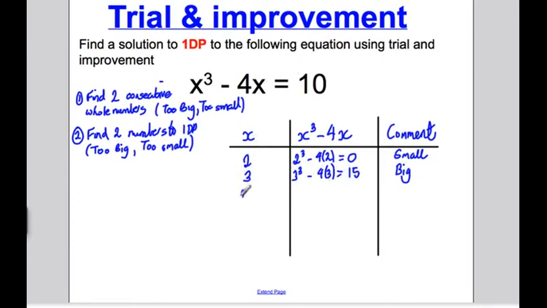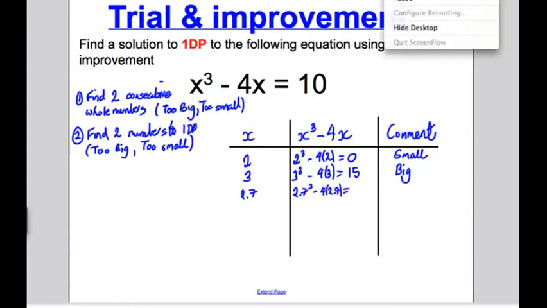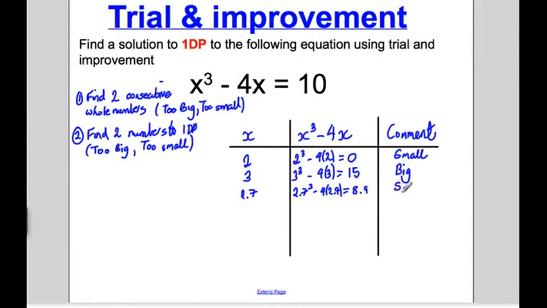So I'm going to try 2.7. On my calculator I'm going to work out 2.7 cubed, take away 4 times 2.7. And when I do that, I get about 8.9, which is small. Okay, so 3 is too big, 2.7 is too small. I'll have to go a bit higher. Let's try 2.8 now.